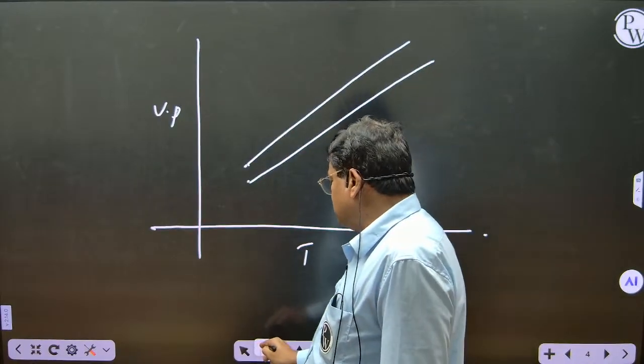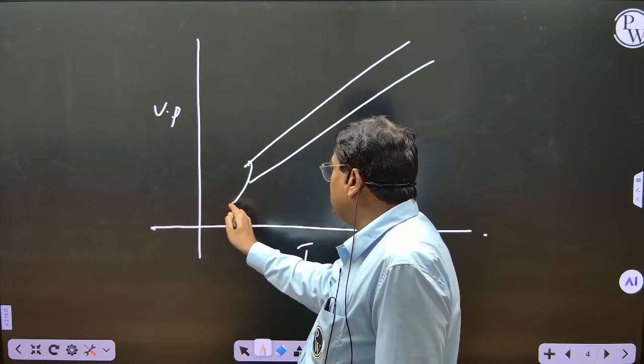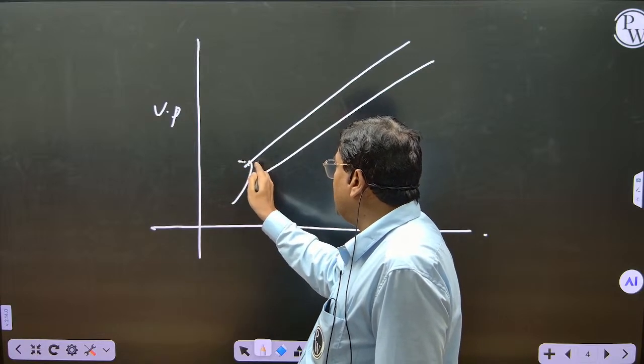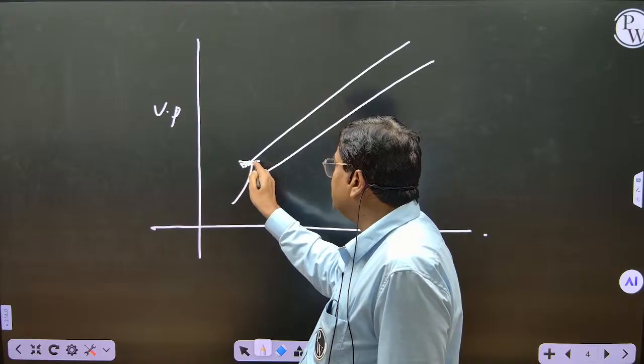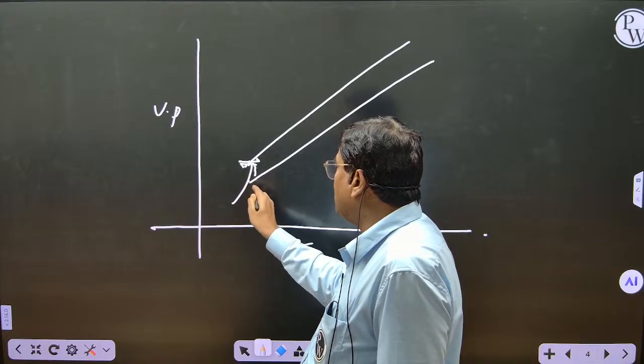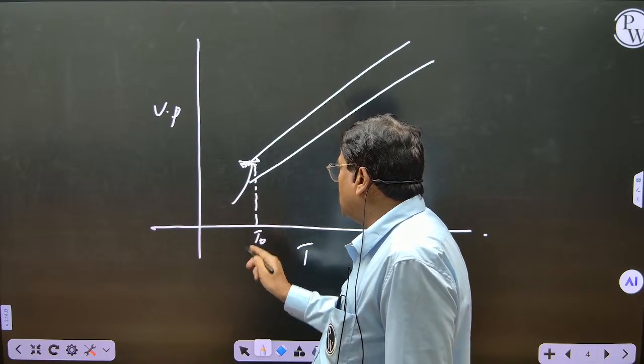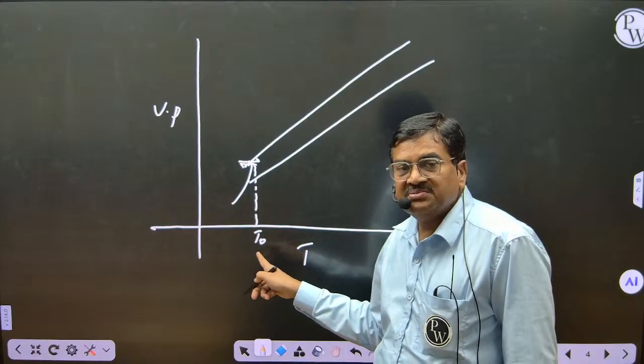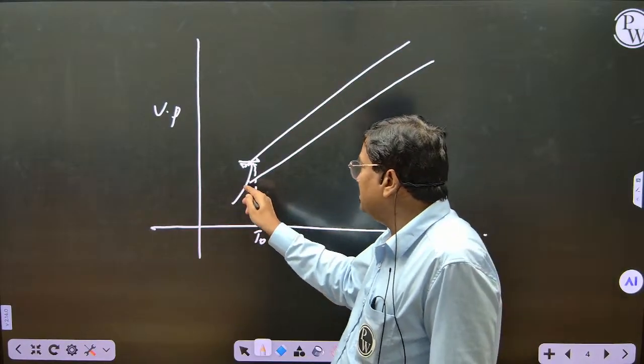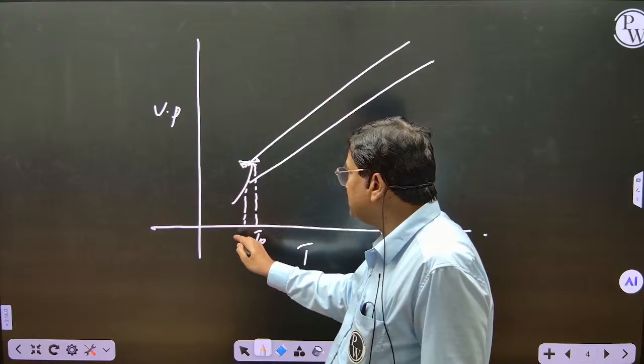At the freezing point, solid and liquid will exist in equilibrium. This is the freezing point for solvent. So T0 is the freezing point for solvent, and this point will be the freezing point of the solution.